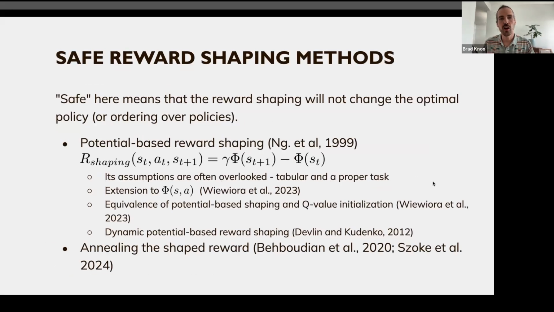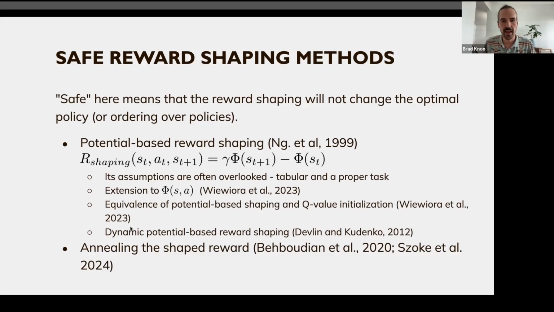So there are various types of safe reward shaping methods. The best known is potential-based reward shaping. I'll just quickly highlight a little bit of this. The assumptions are often overlooked in this paper. It's not safe in all contexts. And I should say safe means that the set of optimal policies won't be changed, or sometimes it's the ordering over policies.